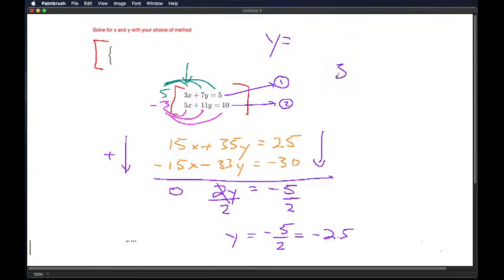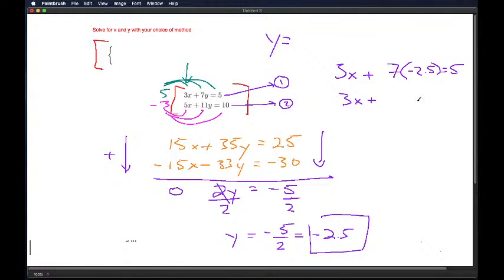So we have 3 times x plus 7 times our y value, which is this. And that's equal to 5. So 3x plus 7 times negative 2.5, so that's negative 14, negative 17.5, I believe.